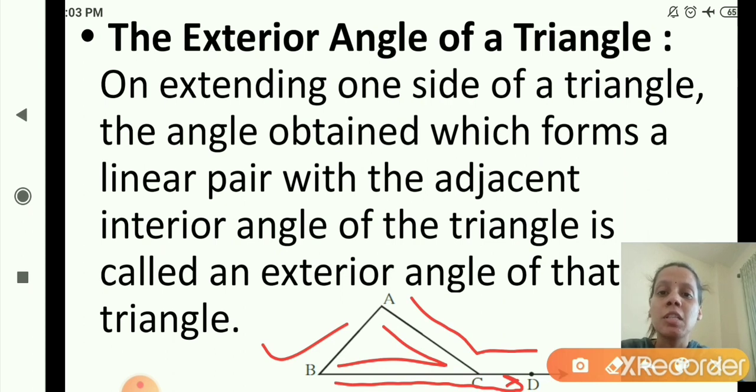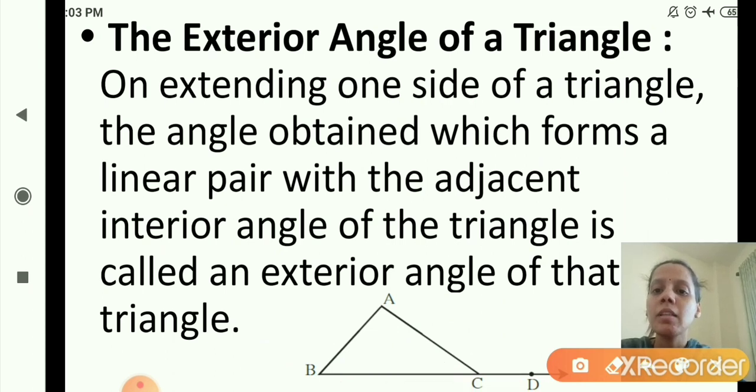So which is the exterior angle of the triangle ABC? That is angle ACD, this is the exterior angle of a triangle ABC, correct. Angle ACD is an exterior angle of a triangle ABC. On extending one side of a triangle, the angle which forms a linear pair with the adjacent interior angle.